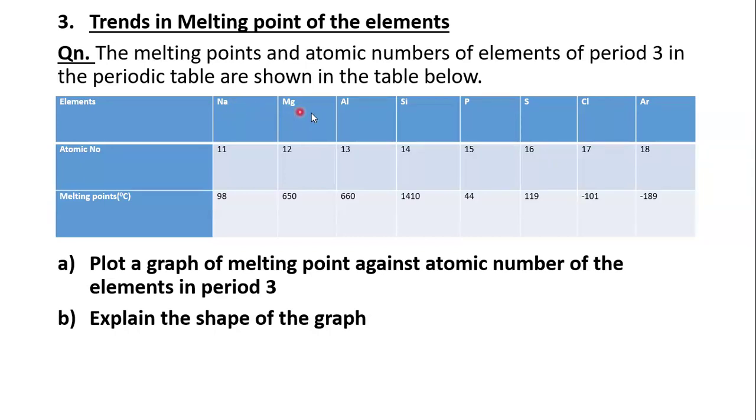In metals, we talk about the forces of attraction between atoms and the electrons. Silicon, the forces of attraction are between atoms and atoms. Phosphorus, the forces of attraction are intermolecular. Phosphorus, sulfur, chlorine, and argon, these last 4, the forces of attraction are intermolecular, and we call them van der Waals forces of attraction.